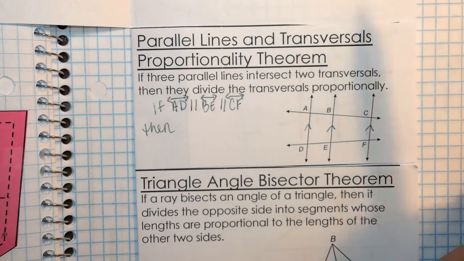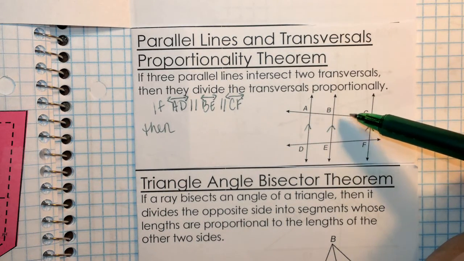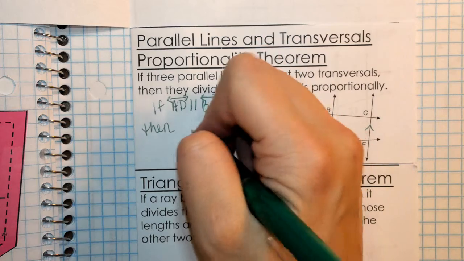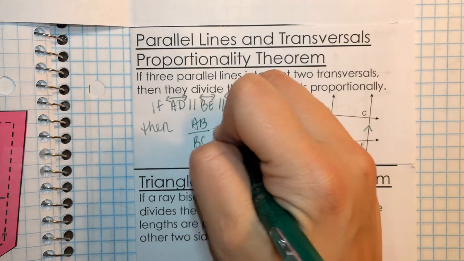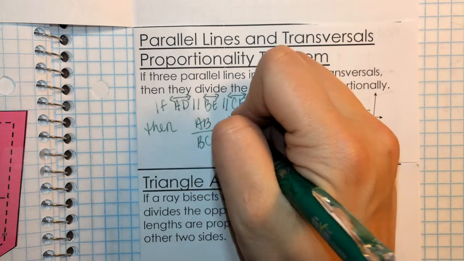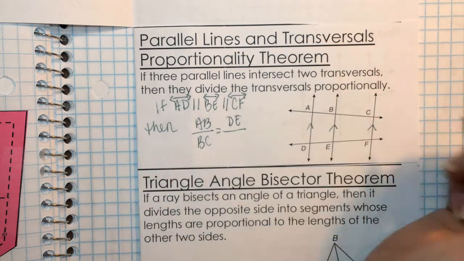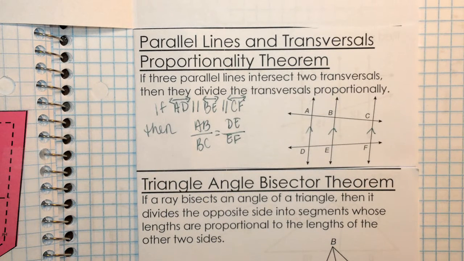So you do the same thing as we did in our triangles. These are on the same side, so they're proportional. It cuts it into proportional parts. So you just do AB divided by BC. And since we started with AB, we're going to start with DE. Ta-da!